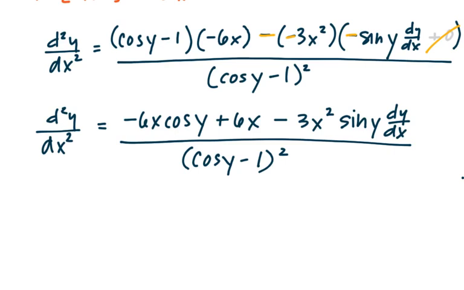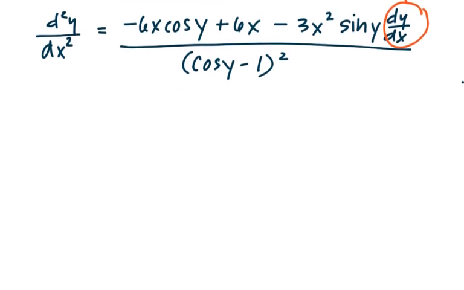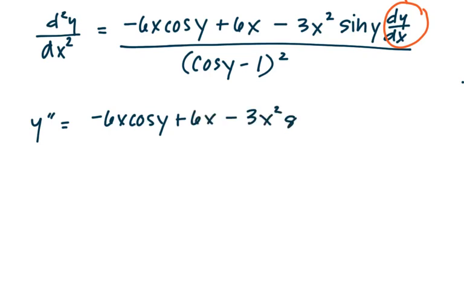So remember, we know what this is from up above. I can plug that back in. So at this point, I'm going to put that in, and we'll multiply by 1 to clear that fraction to simplify our problem. So my second derivative is negative 6x cosine y plus 6x minus 3x squared sine y.